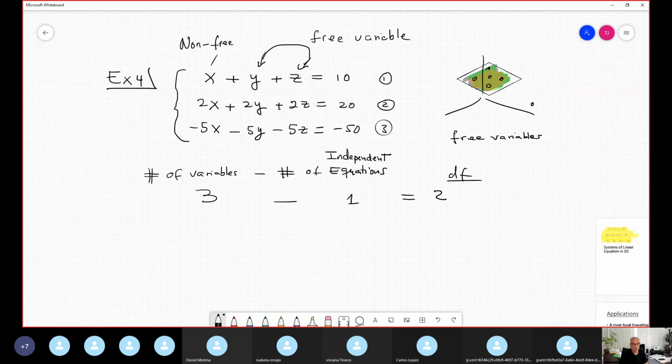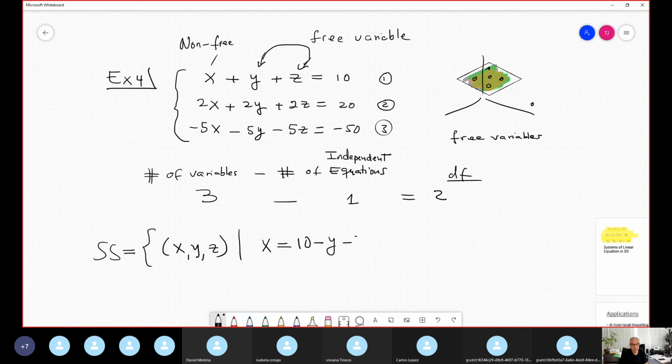This is the declaration, the definition. So my solution set is an ordered triple because we are living in a 3-dimension problem, such that x is equal to 10 minus y minus z.